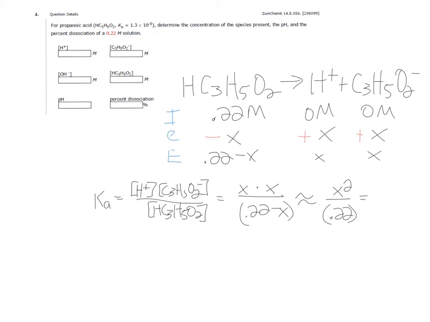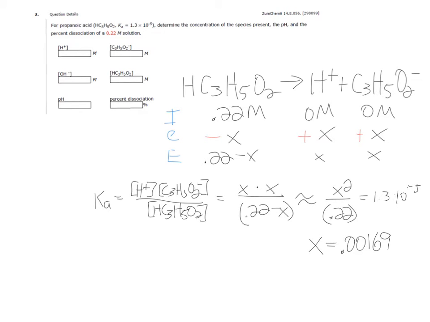And that whole expression is equal to the Ka value they gave us at the beginning of the problem, which was 1.3 times 10 to the negative fifth. Now that we've made that mathematical assumption, the equation becomes a lot easier to solve. I'll simply take the Ka value times 0.22 and then take the square root of that. x works out to be 0.00169.